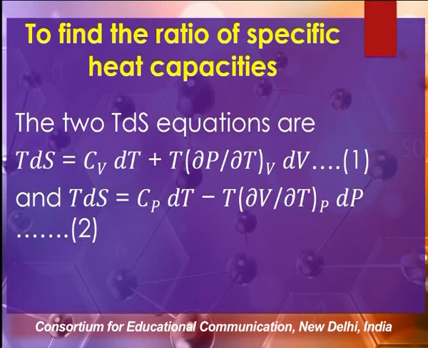The two TdS equations can be written as TdS is equal to Cv dT plus T times (∂P/∂T) at constant volume into dV, and TdS is equal to Cp dT minus T times (∂V/∂T) at constant pressure into dP. Let me call these two equations 1 and 2 respectively.